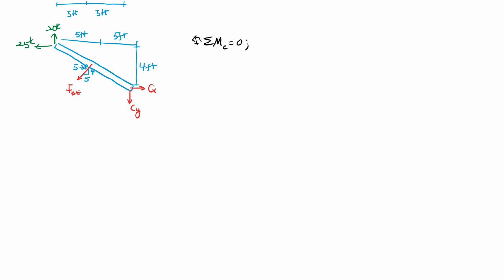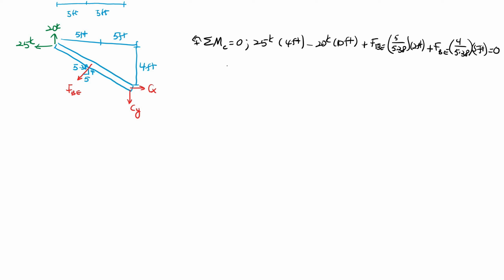So summing moments about C, we have the 25 kips times 4 feet minus 20 times 10 feet plus FBE times the horizontal 5 over 5.38 times 2 feet plus FBE times 4 over 5.38 times 5 feet, and that's equal to 0. So that quickly gives me FBE as 26.9 kips.